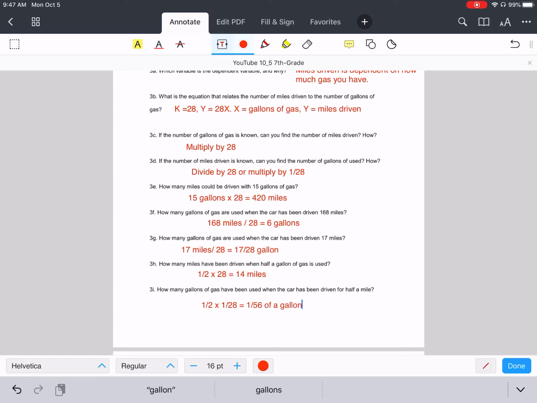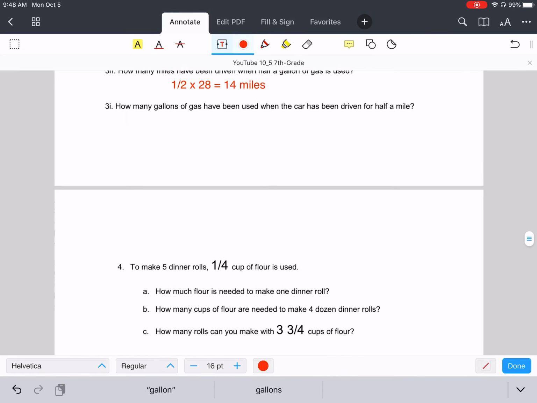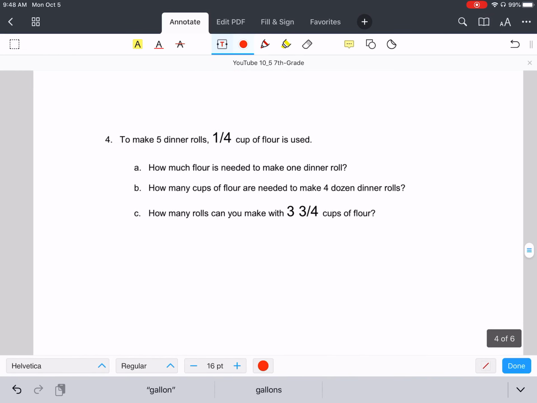So that is the time when multiplying by a fraction might be easier than dividing by a whole number. A lot of you will have decimal answers. Like for 3i, you would have done 1 divided by 56 to get a weird decimal, but fractions are typically easier. All right, question 4.